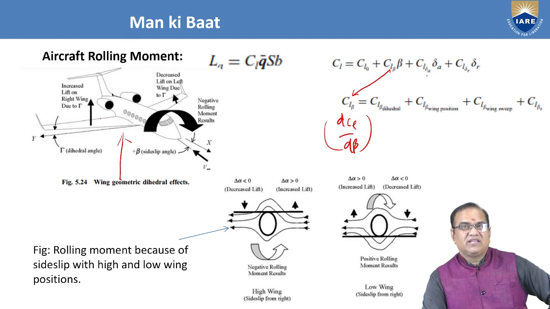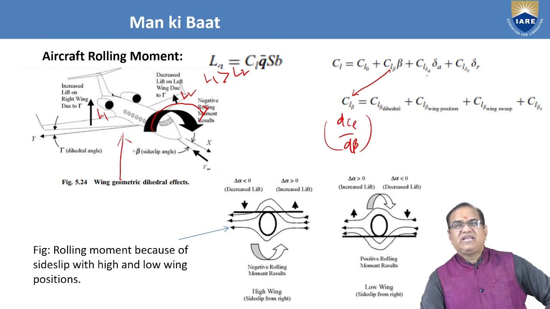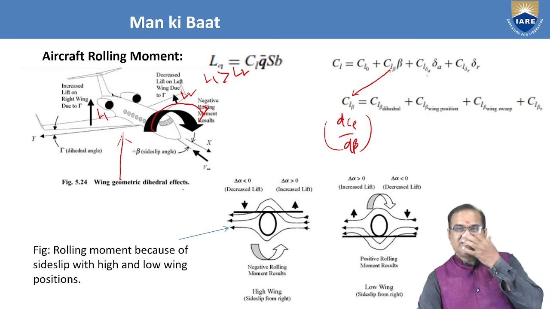So here the lift L1 will be more than L2. So the left wing will go down and the right wing of this aircraft will go up. This is the wing geometry and its dihedral effect.